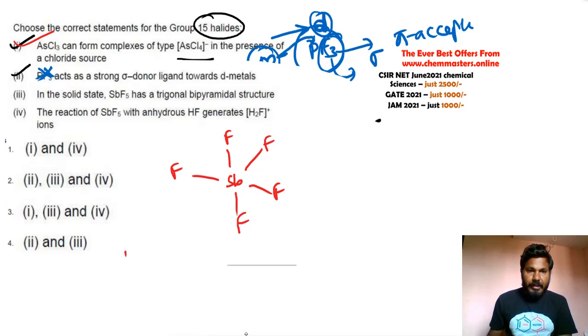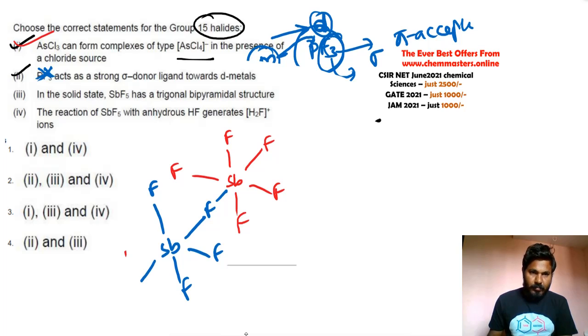Now in the next case, the fluorine of another antimony you can draw like this, which makes a bond like here.